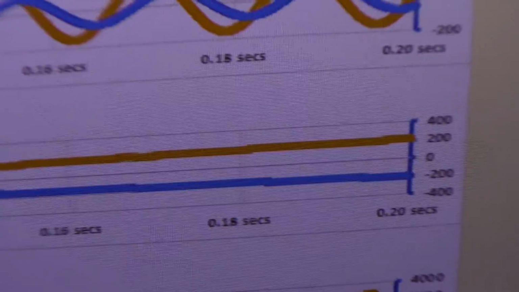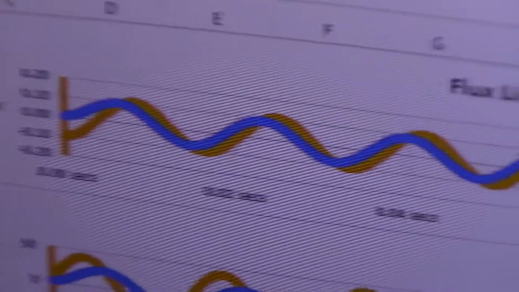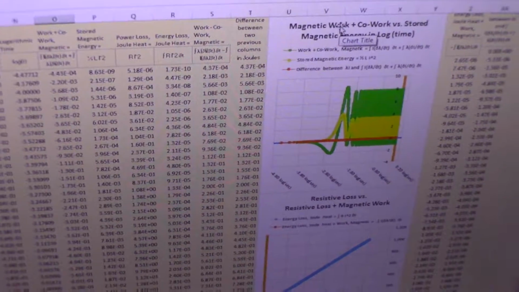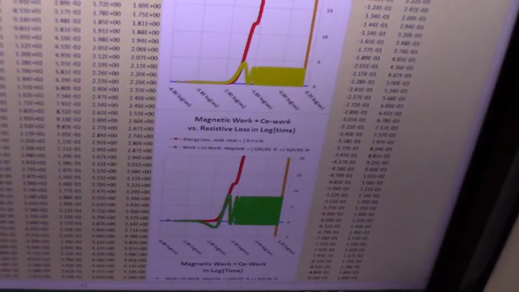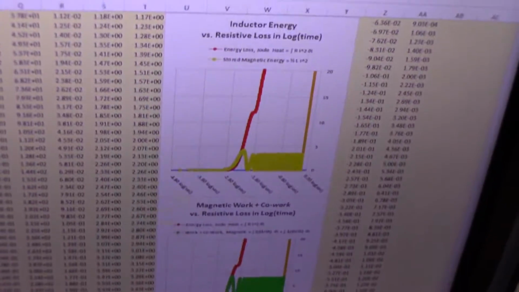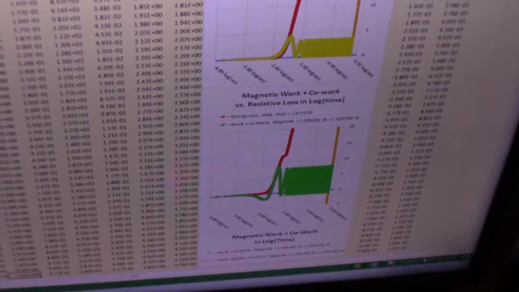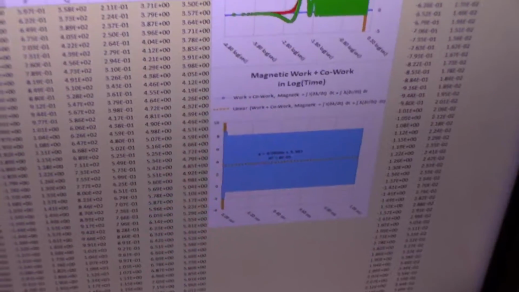Let's see as this diverges. Just to give you an idea, there's some propagation error.